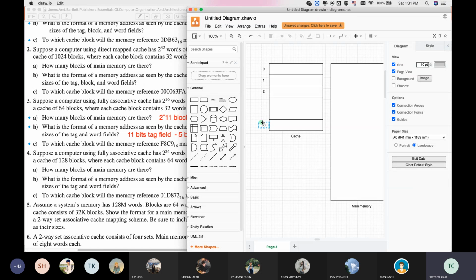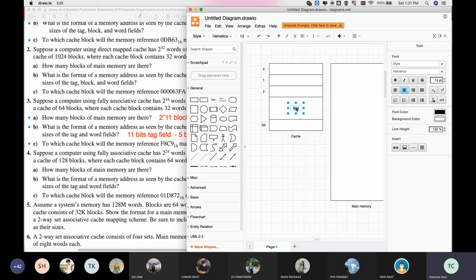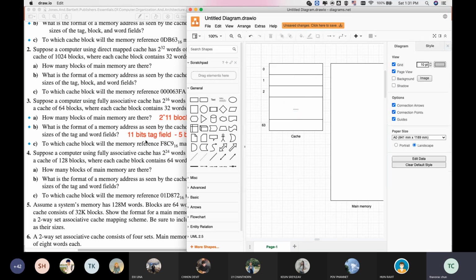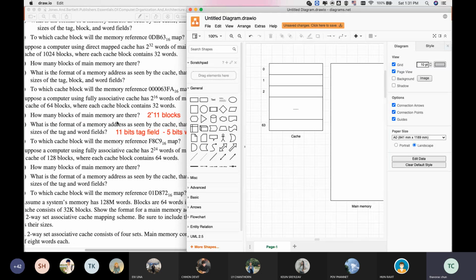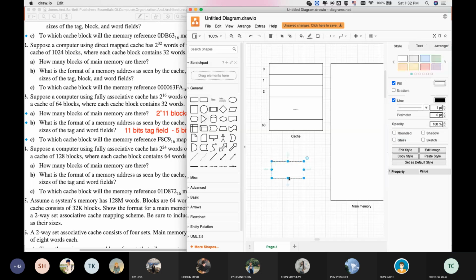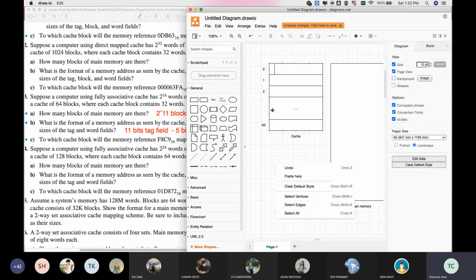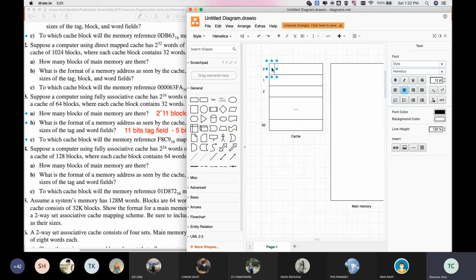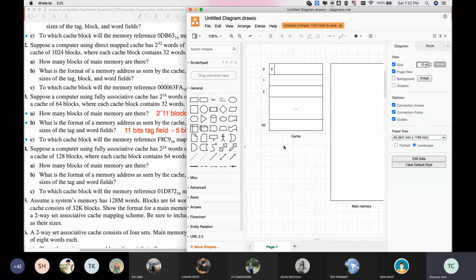And then each block contains 32 words. Here we have 32 words. So this is word number 0.